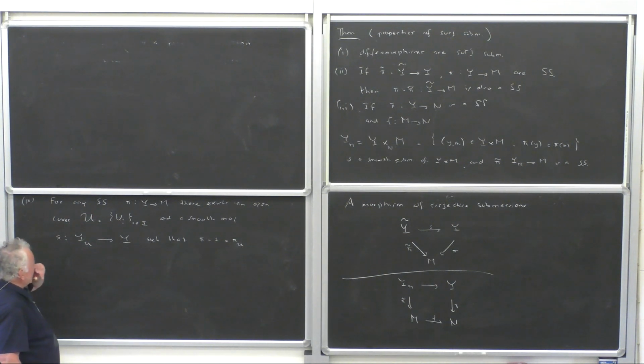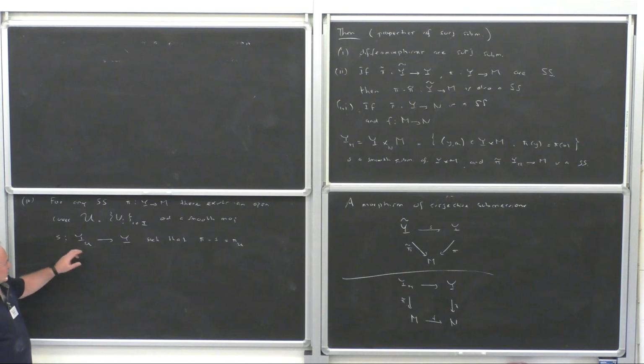Okay, so this is an important one because it basically tells me that if I have a surjective submersion, I always have a morphism from the surjective submersion given by an open cover. So I can always compare that surjective submersion to a surjective submersion by an open cover.